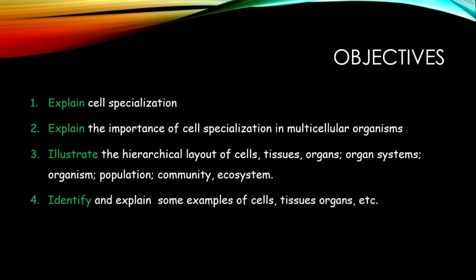The last thing, we're going to try to identify and explain examples of cells, tissues, and organs, etc. After which we are going to be looking at some practice questions. So let's get right into the meat of things.